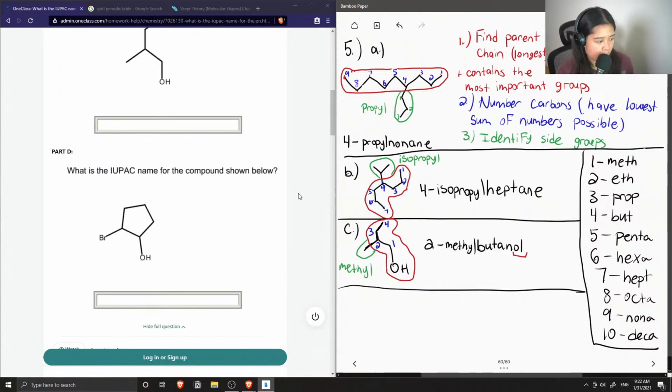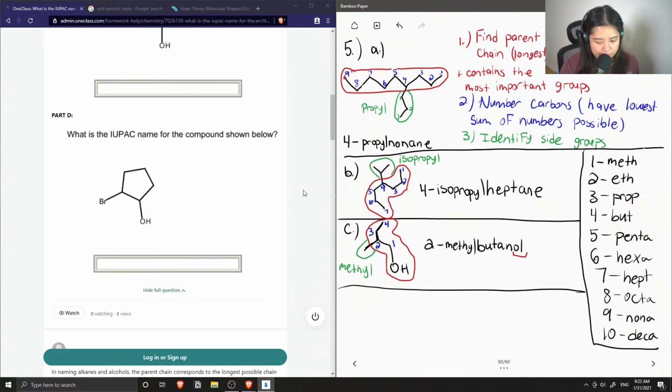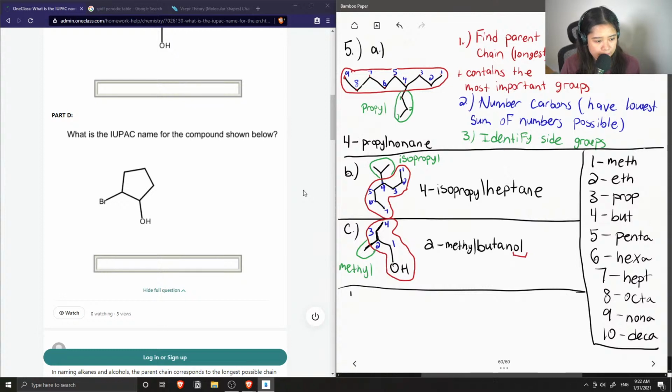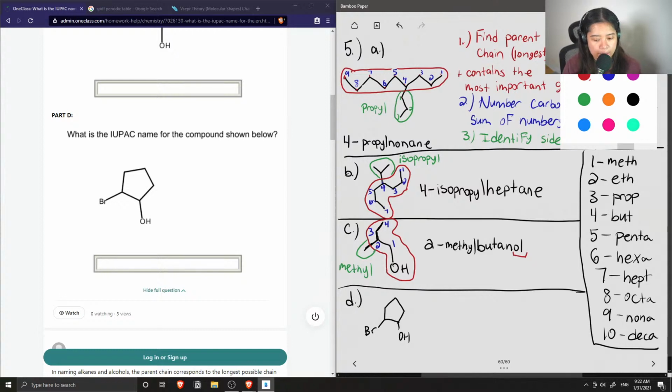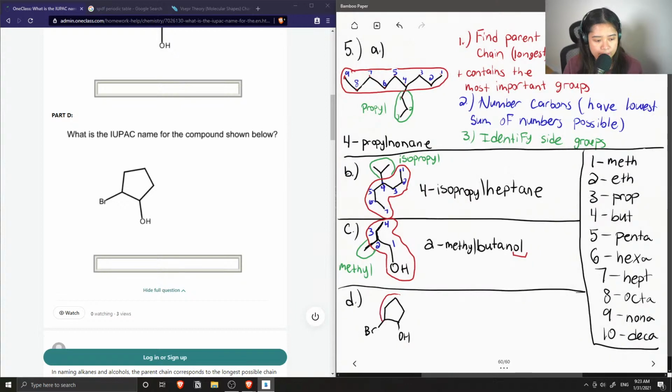Okay, so now let's name our last compound. So we have a cyclic carbon structure that contains both a bromine and an alcohol group. Okay, so when circling our parent chain, it's pretty much the whole cyclic group, and the alcohol would be included as well.